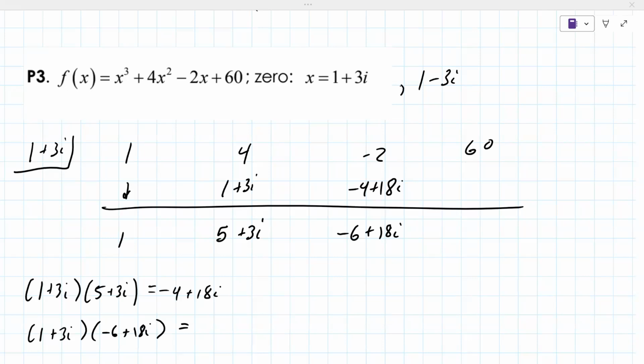I got -60. Yes, and that's what we expect. That's perfect.